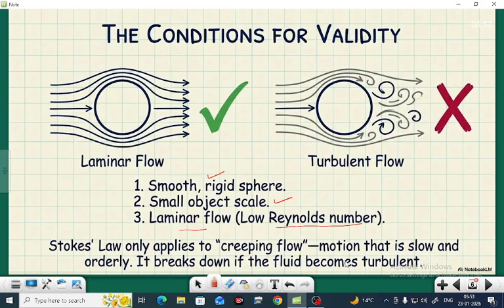It breaks down if the fluid becomes turbulent. So you have to remember that Stoke's law is always applicable in laminar flow but not in turbulent flow. These are the conditions for validity: a smooth, rigid sphere, a small object scale, and laminar flow with low Reynolds number.